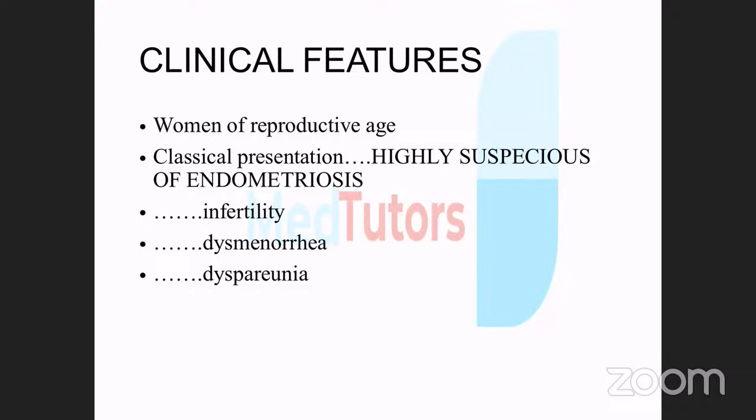It is a disease of women of reproductive age, and the classical symptoms are dysmenorrhea, dyspareunia, infertility, with or without menorrhagia. Dysmenorrhea, dyspareunia, with infertility, with or without history of menorrhagia. Next slide.